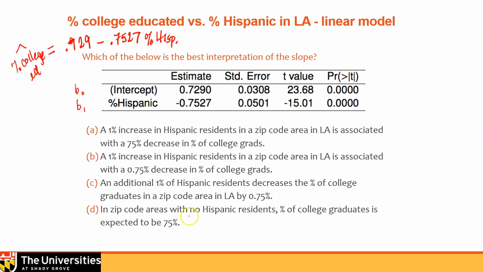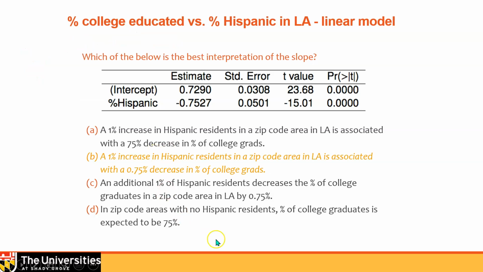A zip code area with no Hispanic residents, that's talking about an intercept. So we're looking at, and it looks like we are looking at B, an increase of 1% is associated with a 0.75 decrease in percentage of grads.